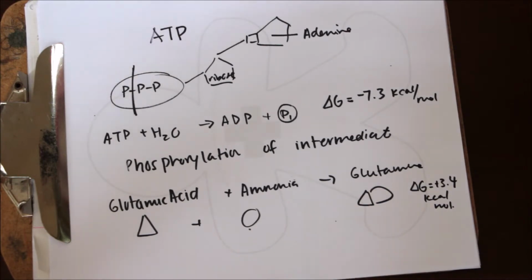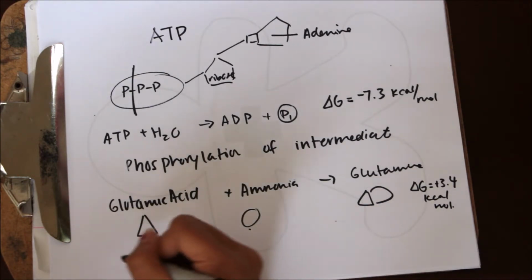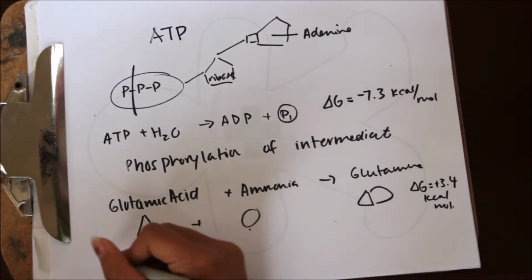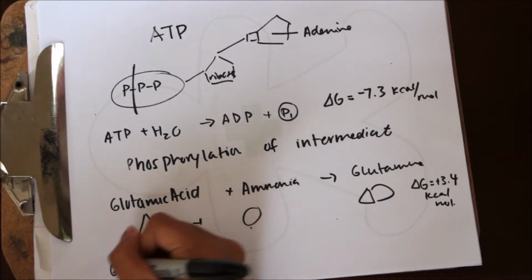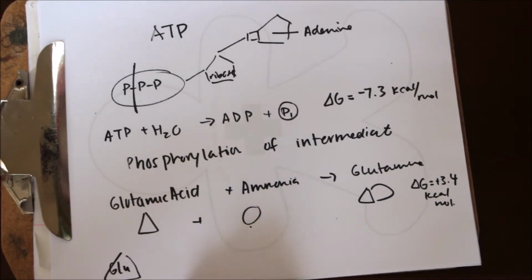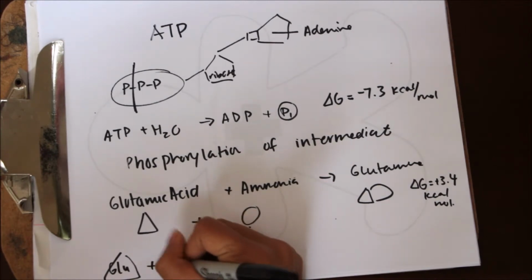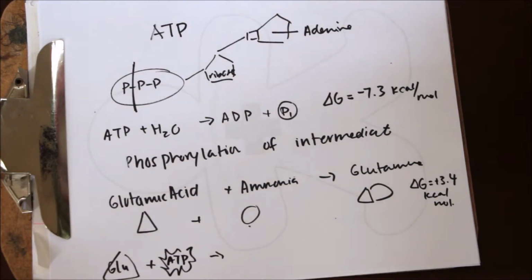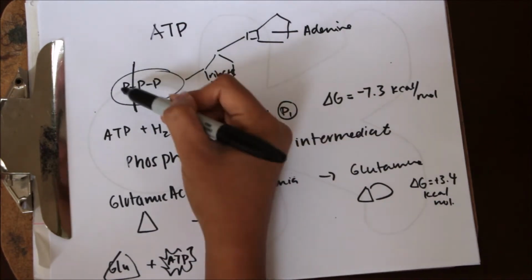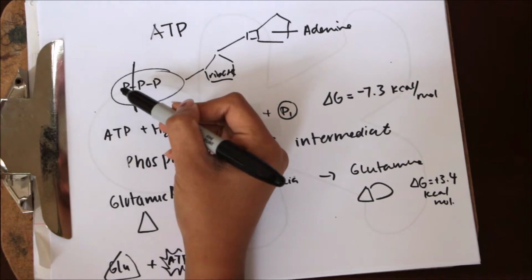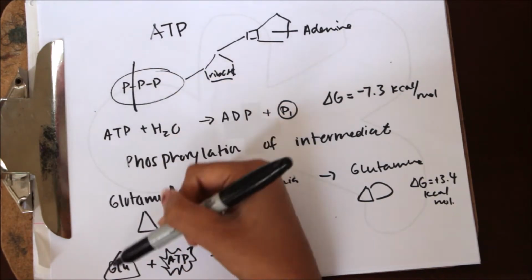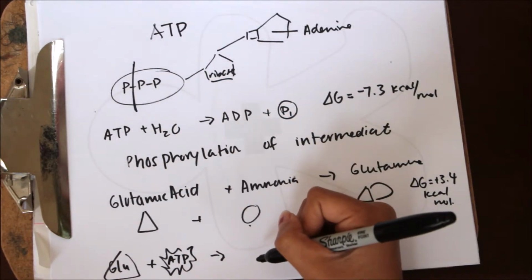This is where ATP comes in. With ATP being used, you have the glutamic acid, and we're going to add ATP to this. What happens here is phosphorylation. The P from ATP, this tail, is going to be covalently bonded to the glutamic acid.